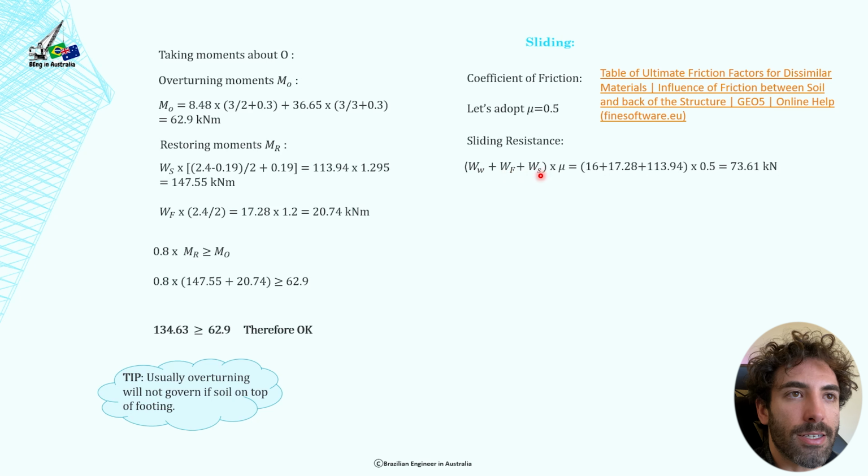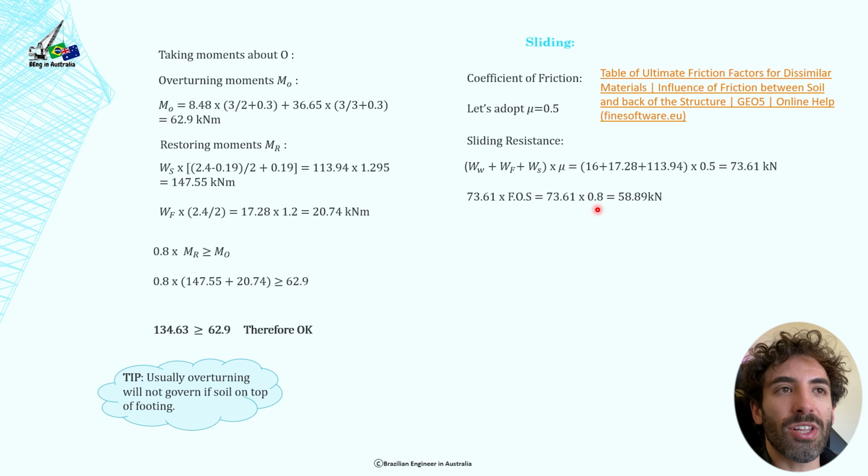That's going to give us a resistance to sliding of 73.61 kilonewtons. Again, we're going to also factor this number by 80%, so 0.8 times 73.61. So we've got a sliding resistance of 58.89 kilonewtons.